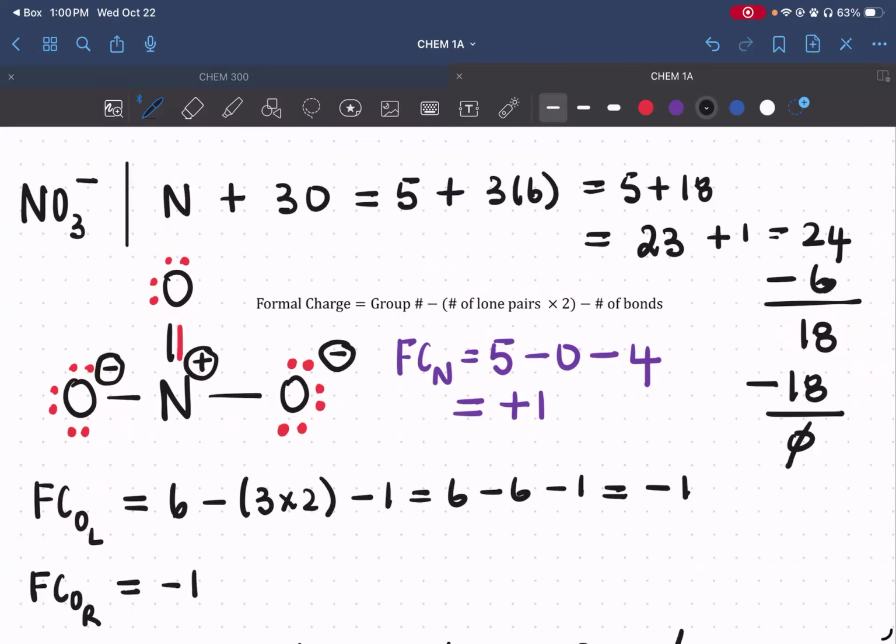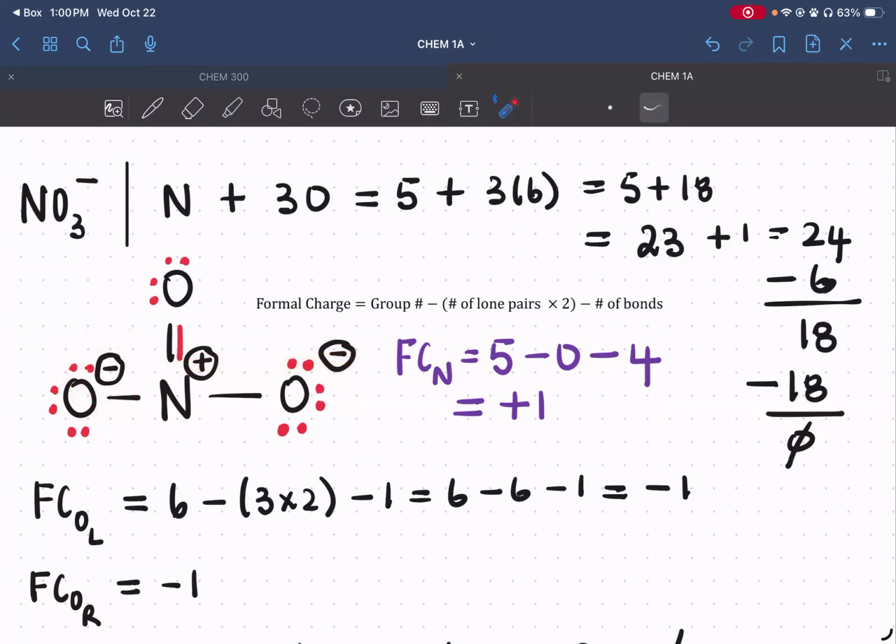Looking at the structure, looking at the charges, does this explain why NO3 is -1 overall? Yeah. Why? Because the positive and the minus, one of them will cancel each other out, and all you're left with is a negative.